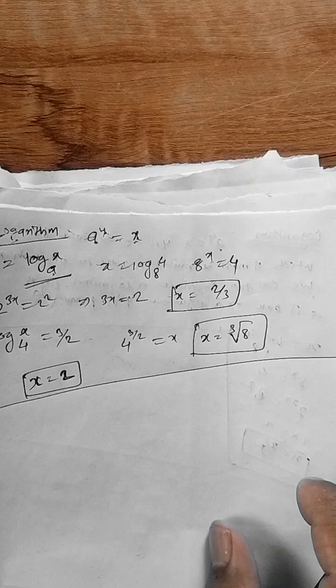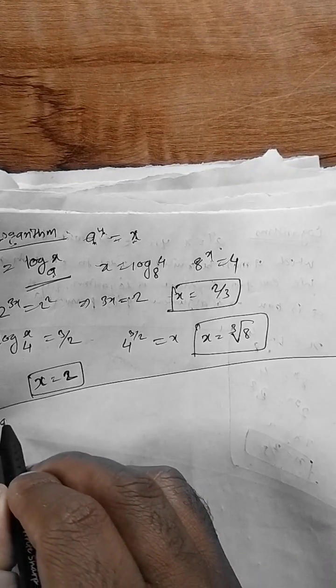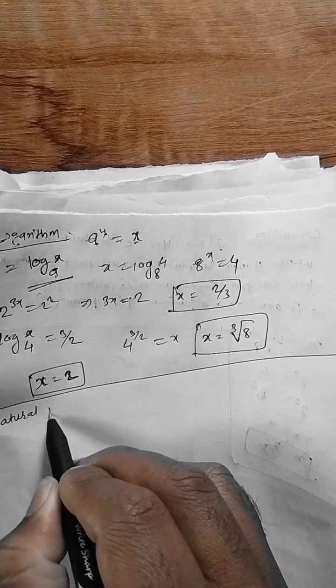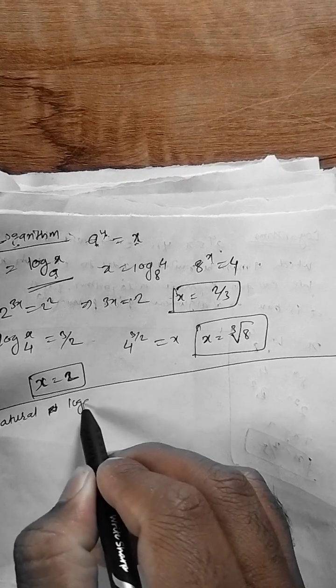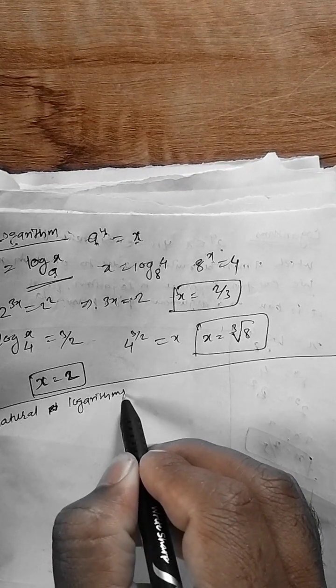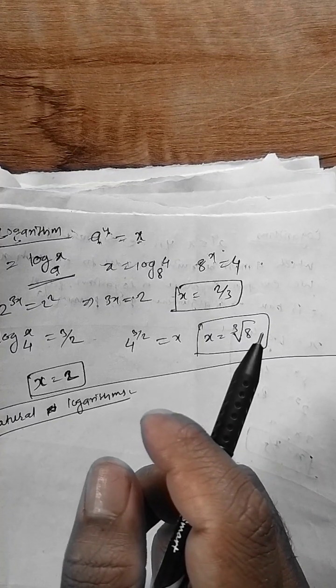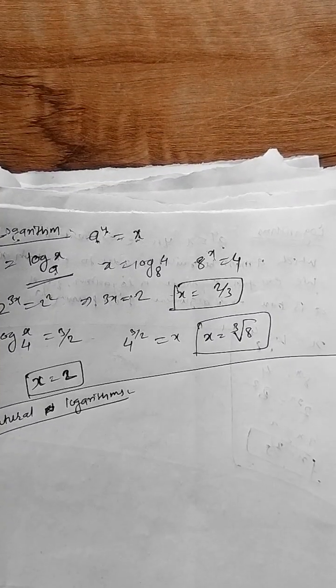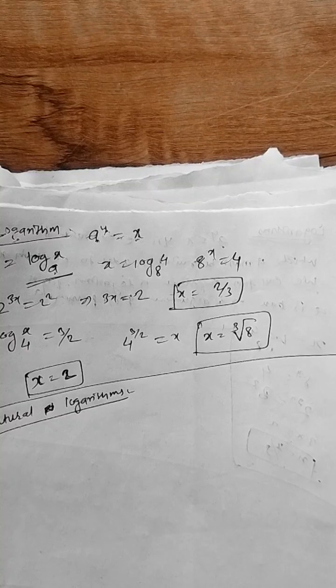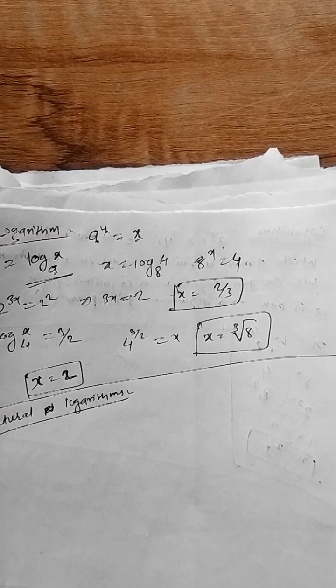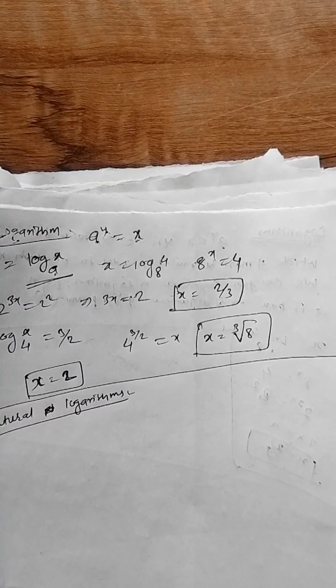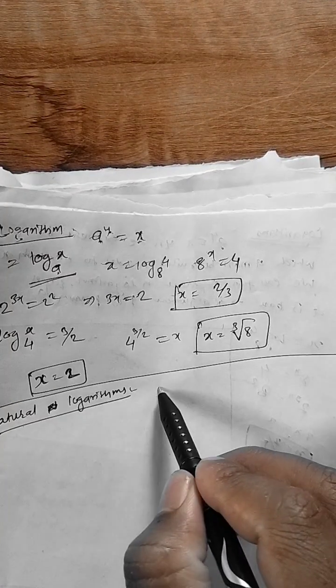Another logarithm is the natural logarithm. In many practical applications, the number e is used as the base of the logarithm, which is called the natural logarithm.